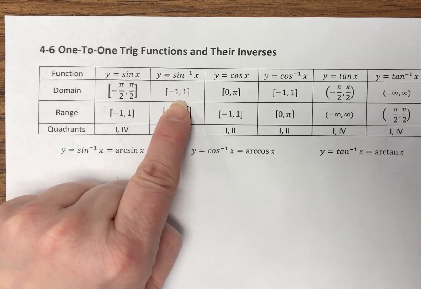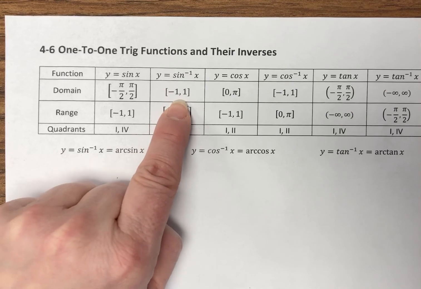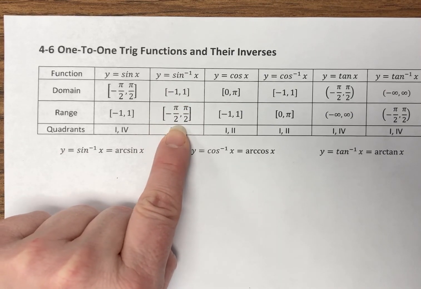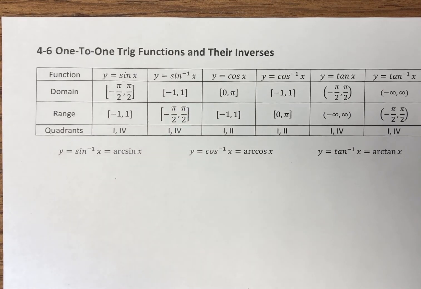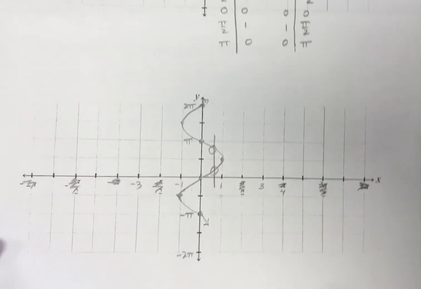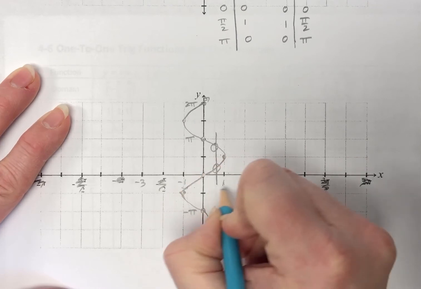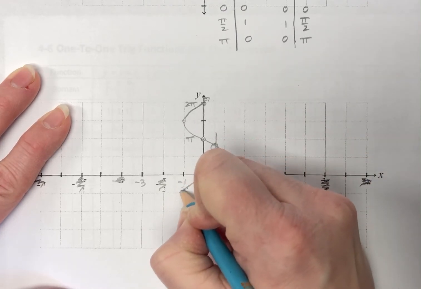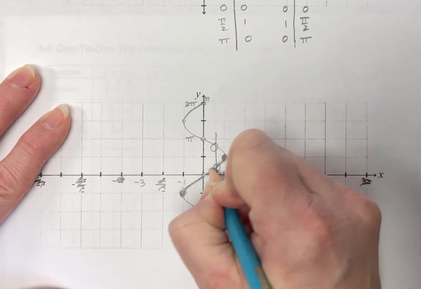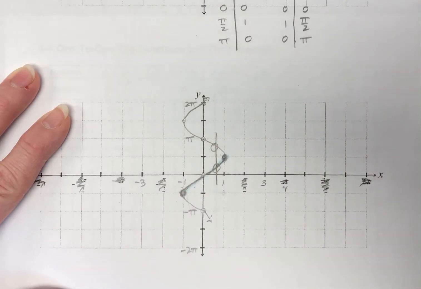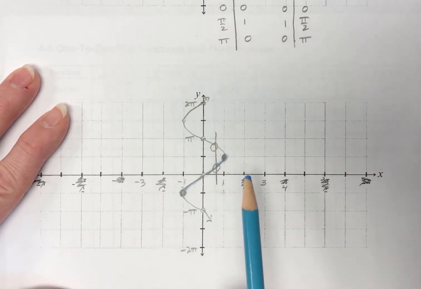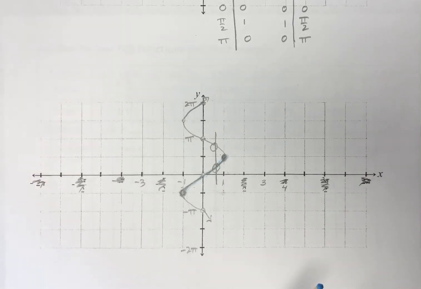So my domain for inverse sine is from -1 to 1, and then my range is going to be from -pi halves to pi halves. And so I'm only going to have this little piece of my graph, and that's it. There aren't going to be any arrows. These graphs are very small, simplistic.